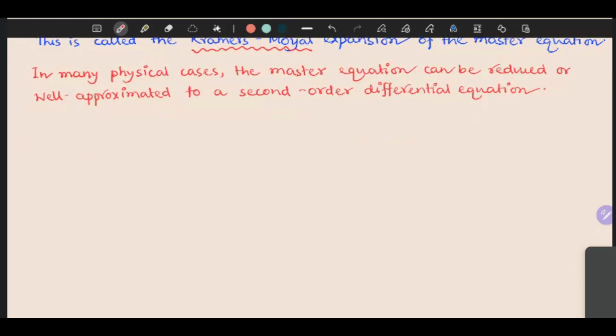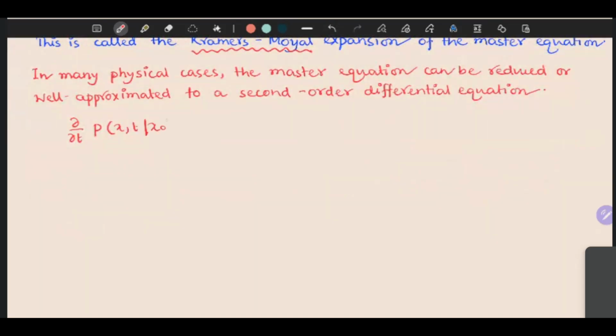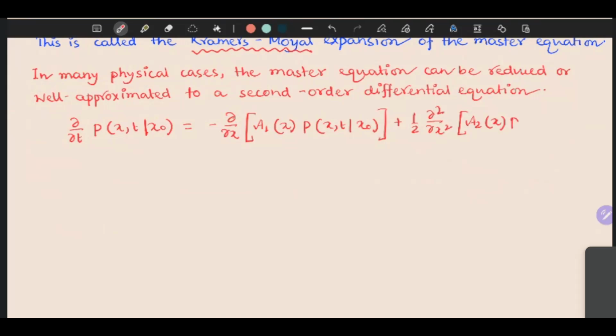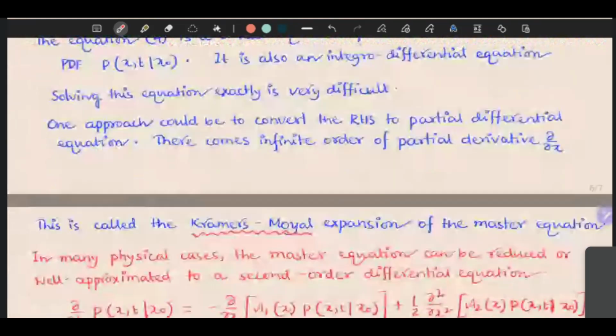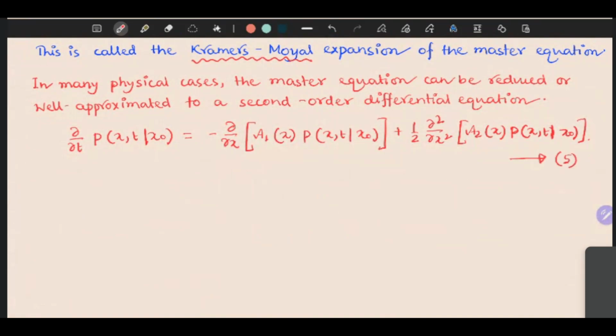So then it becomes del t of P(x,t|x naught) equals minus d dx of a1(x) P(x,t|x naught) plus half of del 2 del x2 of a2(x) P(x,t|x naught). Let me write this as equation number 5.